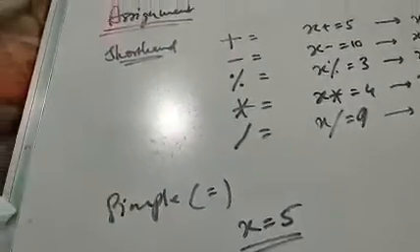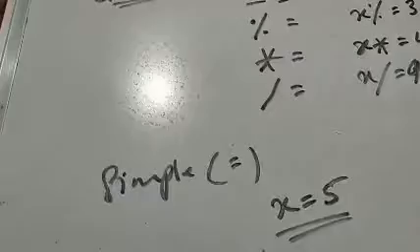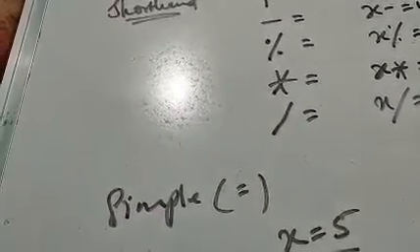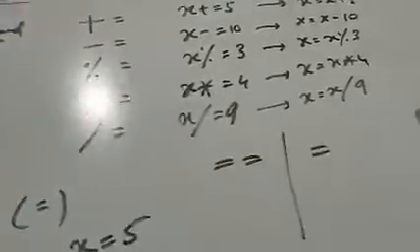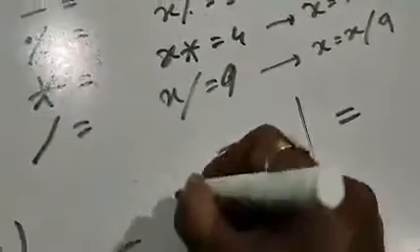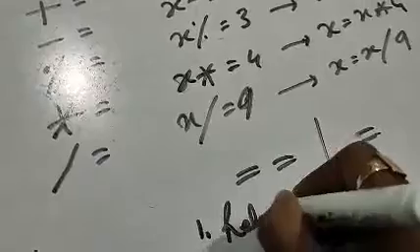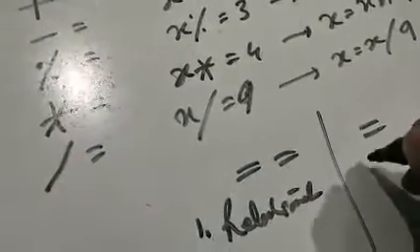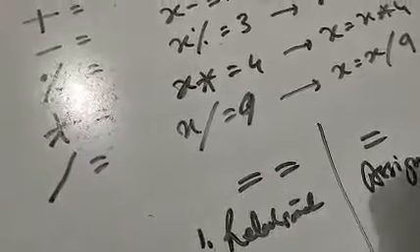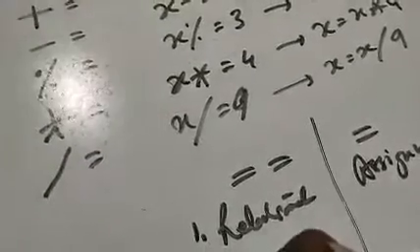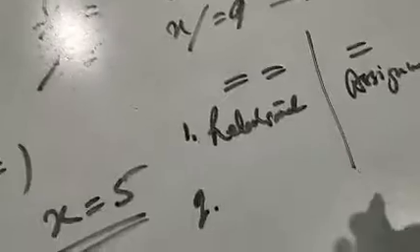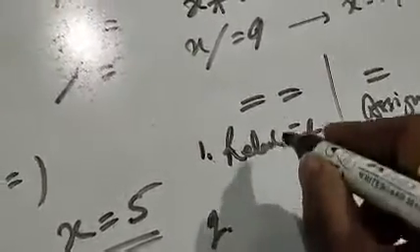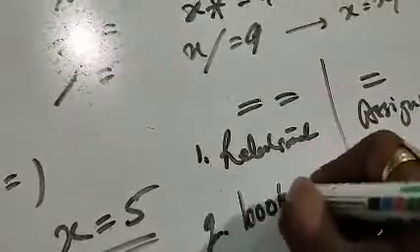That's all. Now suppose you get a question like this: what is the difference between this operator and this operator? The first thing is that this one is a relational operator, and this one is an assignment operator. That is the first difference. The second difference is that this one returns a Boolean value.